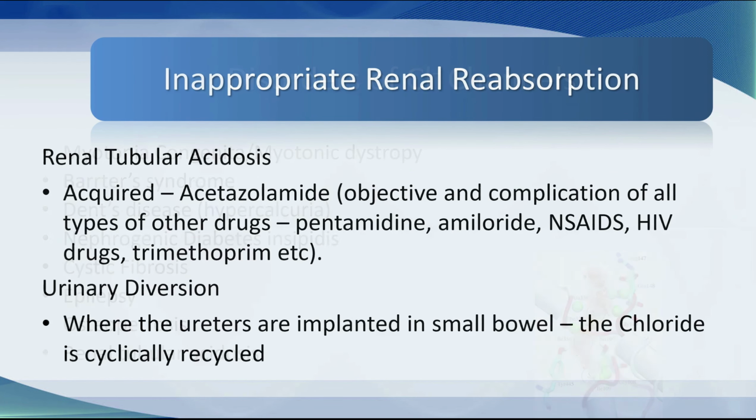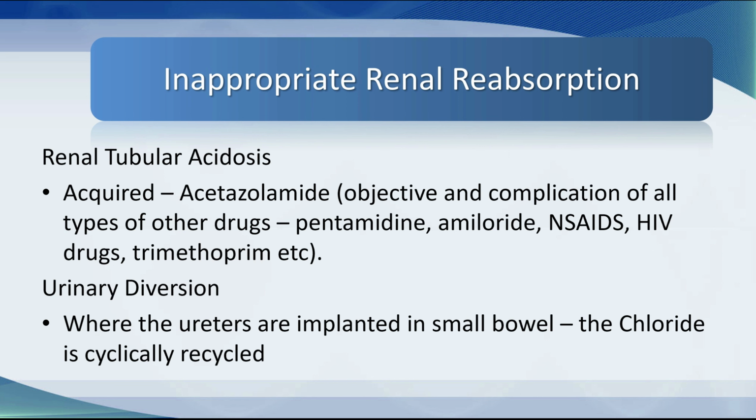Now, renal tubular acidosis involves inappropriate renal reabsorption of chloride. It's a congenital disease, but it can also be induced iatrogenically. If you give a patient acetazolamide, part of what you're doing is preventing chloride from being excreted, so the chloride goes up.